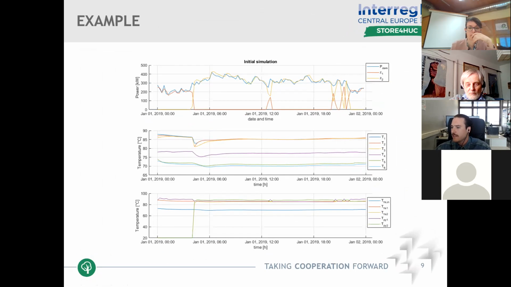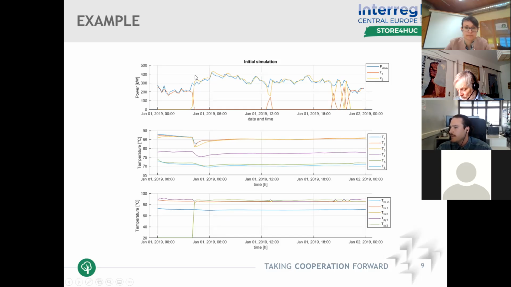So this is like the initial simulation, as we thought the automation system would do. This first graph is the powers used. The blue line, again, is the demanded power from the system. The red line is the power given by the first boiler, the smaller one, and the yellow line is the power given by the second boiler, the bigger one.